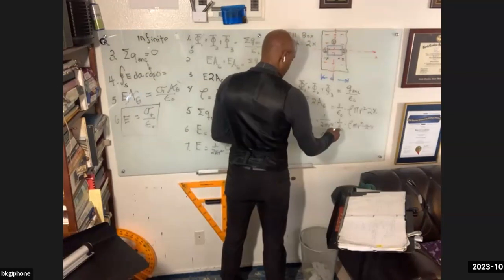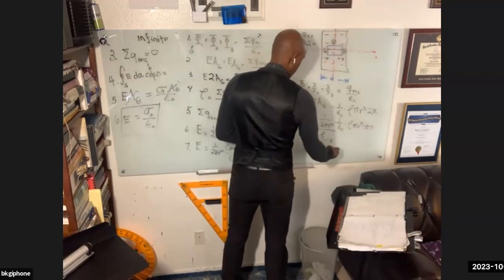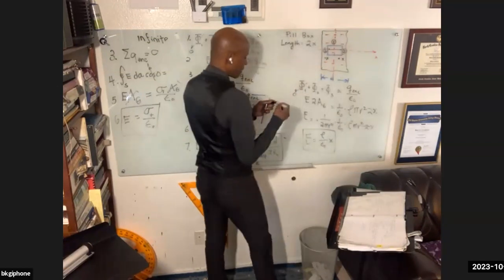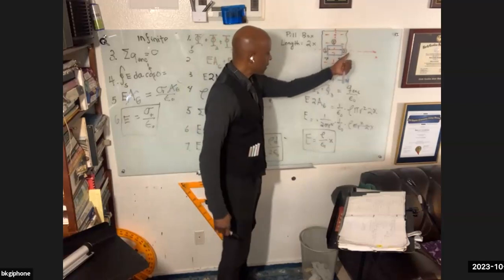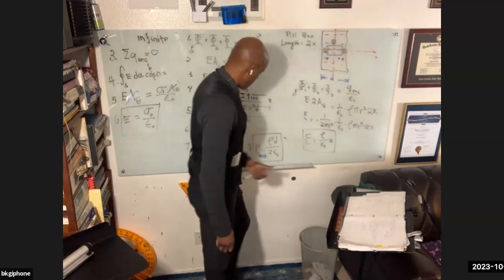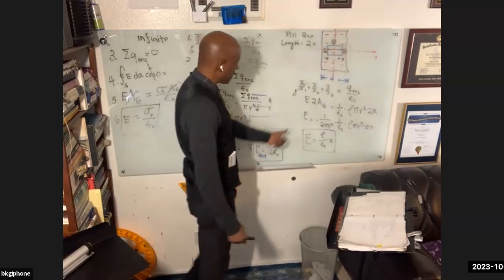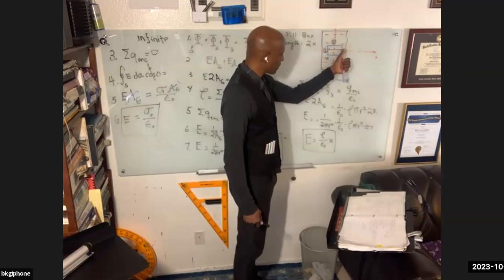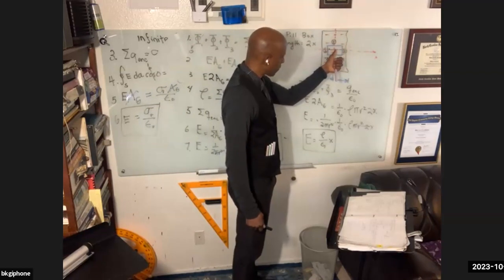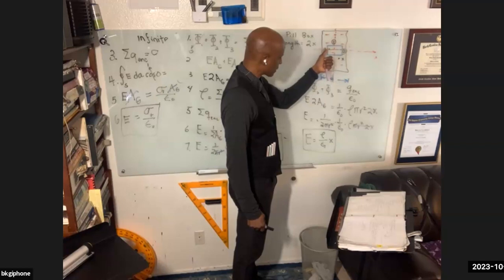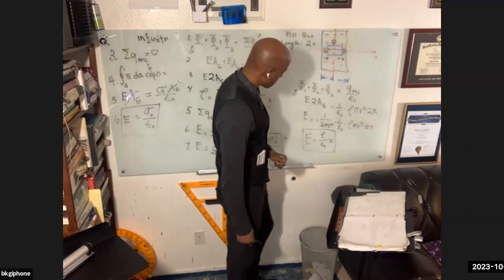And that makes sense based on how I qualitatively described it earlier, that at the surface, the field is this, but then as you move toward the center, the field decreases and it's 0 right in the middle, and then it starts to increase in the opposite direction on the other side.